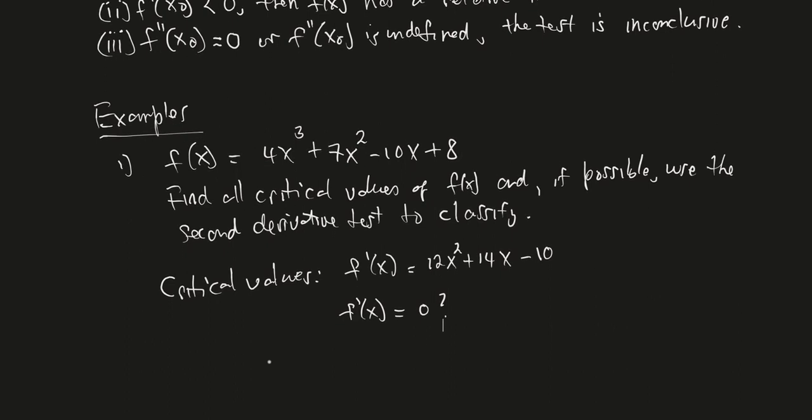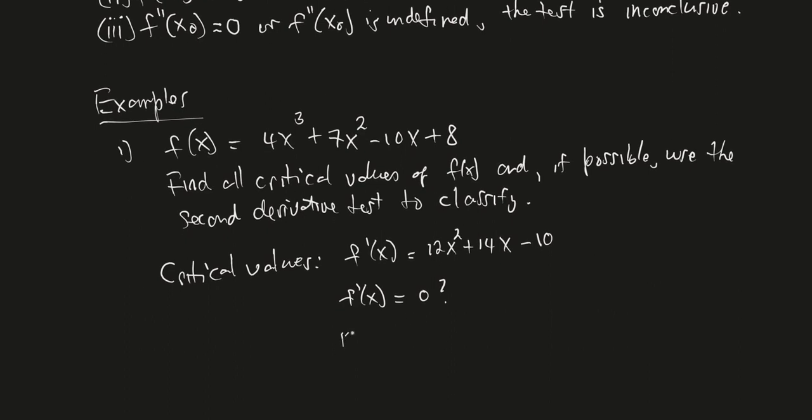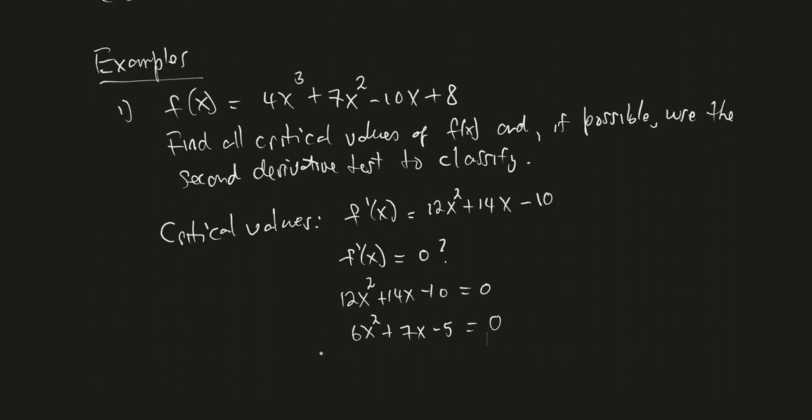Well, it's another quadratic, so let's see if we can solve this quadratic. We have 12x squared plus 14x minus 10 equals 0. Notice I could divide through by 2, so I get 6x squared plus 7x minus 5 equals 0. Now I'm looking for factors of negative 30 that add to give a positive 7.